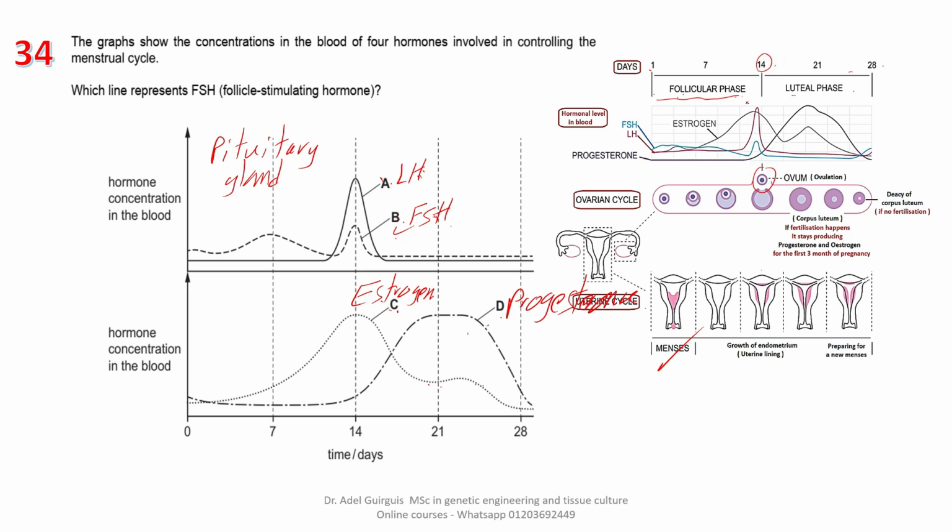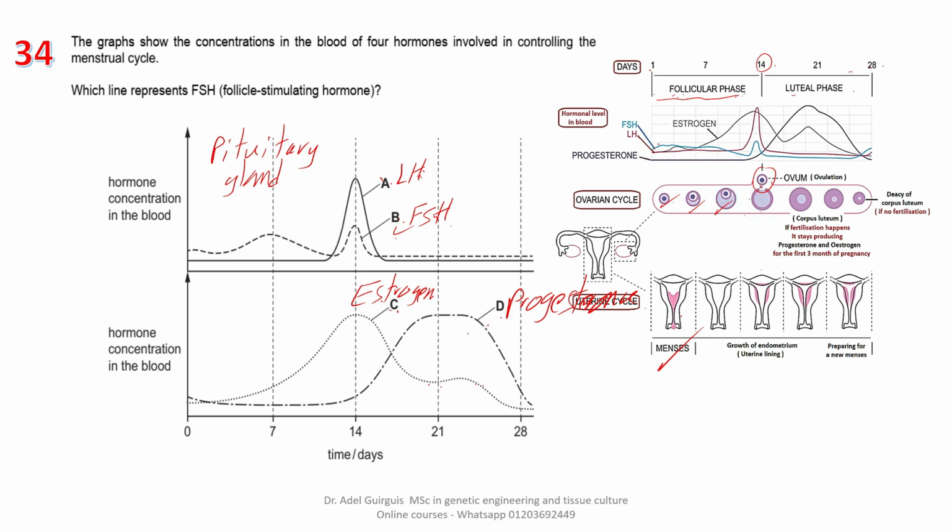This follicular phase starts where FSH is secreted at the beginning of menses. It stimulates the follicle inside the ovary to become mature, and inside this follicle a maturing egg is formed.